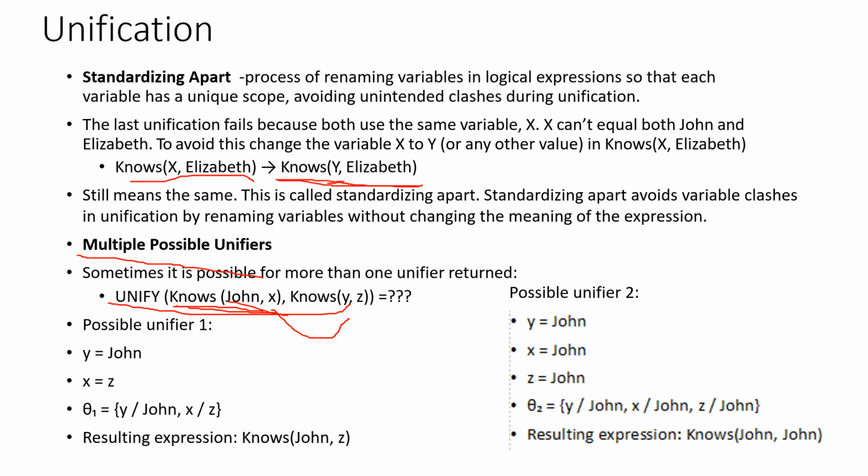Then you can see the next unifier. There y can be John, x can be John and z can be John. So these are the unifiers here. Here x can be John and y can be John, and when x is John and it is compared with z, then z can also be John.